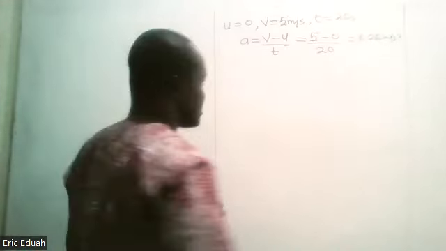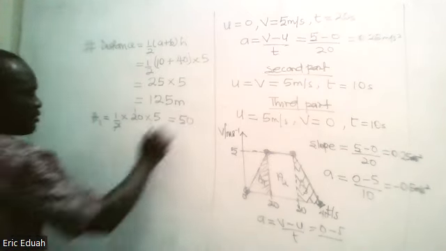If we segregate this into parts, area 1, area 2, area 3. A1 will be equal to half, the base is 20, the height is 5, which is equal to 50.